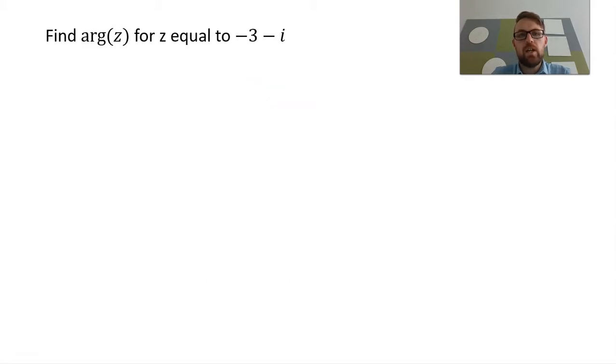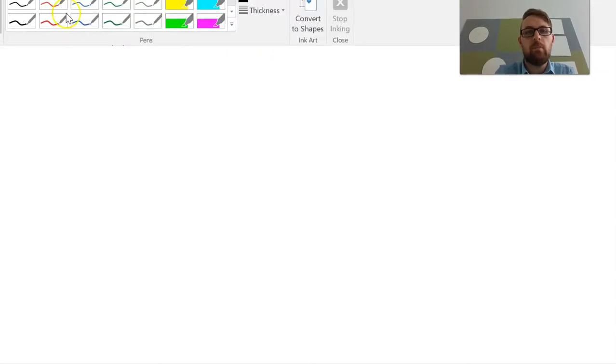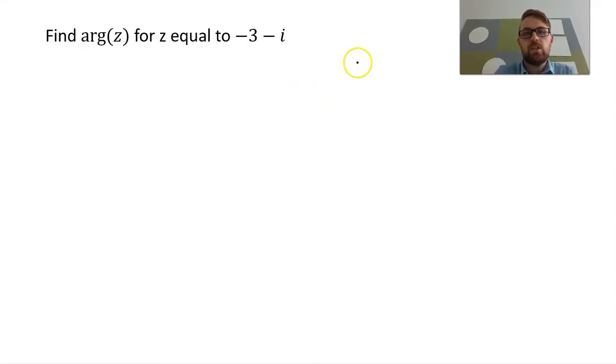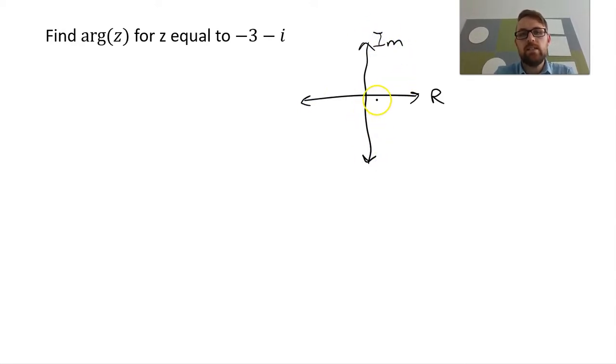So find arg z for z equals -3 minus 3i. So I just did a quick sketch, drew some axes there. We know that our real axis is here, traditionally our x, but it's our real, and our imaginary is our vertical axis.